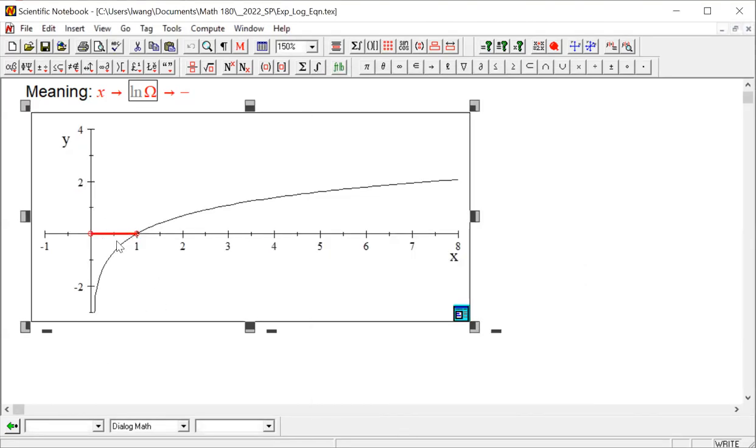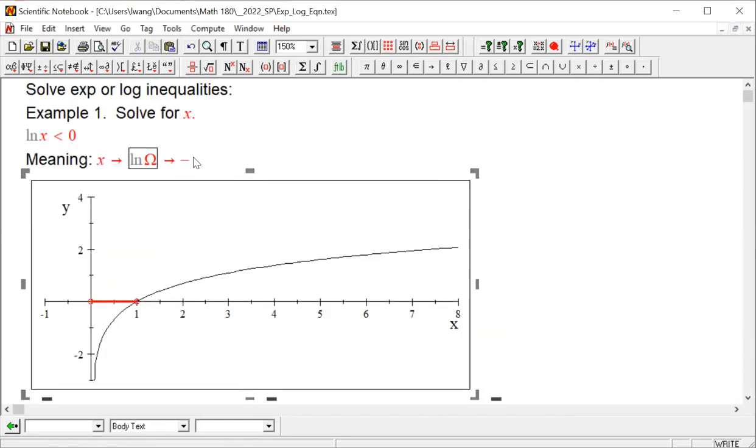So that's our solution. And these inputs, their respective outputs, let me use a different color. Those outputs are negative. These are the negative outputs. It can be as small as possible, so there will be an infinite number of solutions. So from the function perspective, from the graph, it's pretty easy to tell the solution.